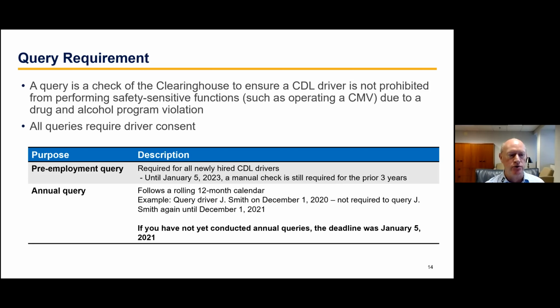You can just do the pre-employment query through the clearinghouse. So remember that, that's just the timing of everything. So you have a pre-employment query on all newly hired CDL drivers since January 6th of 2020.